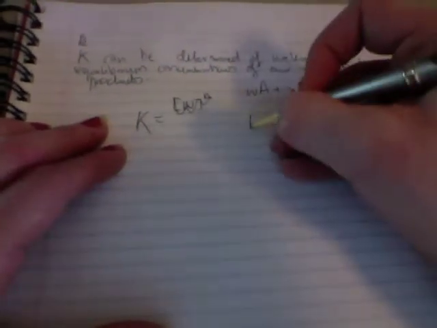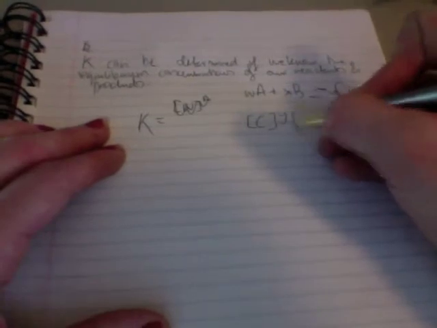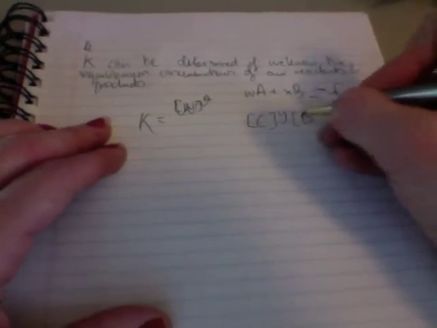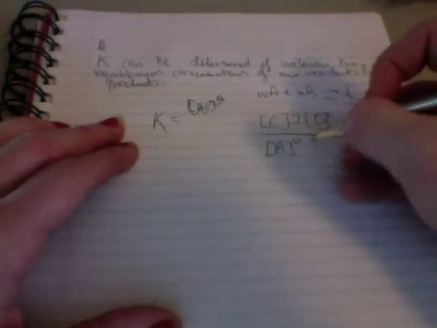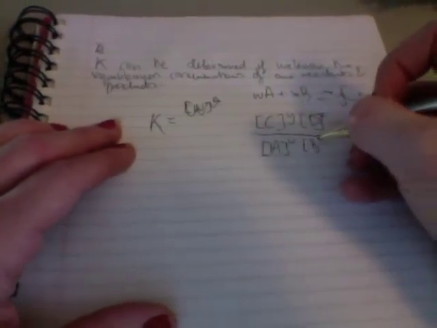And then we sub it into the generalized formula of wA plus xB produces yC plus zD. We can work out K as the concentration of our products to the power of their coefficients divided by the concentration of our reactants also to the power of their coefficients.